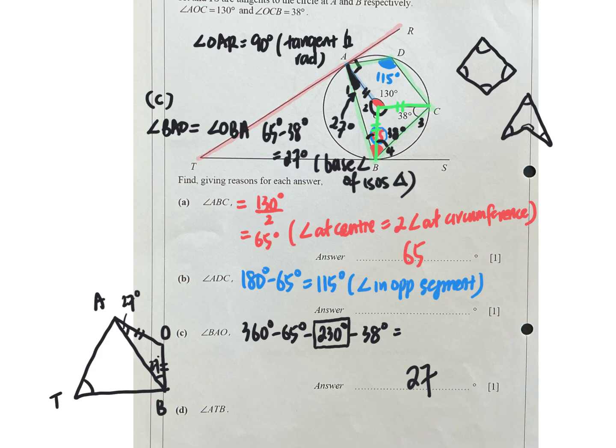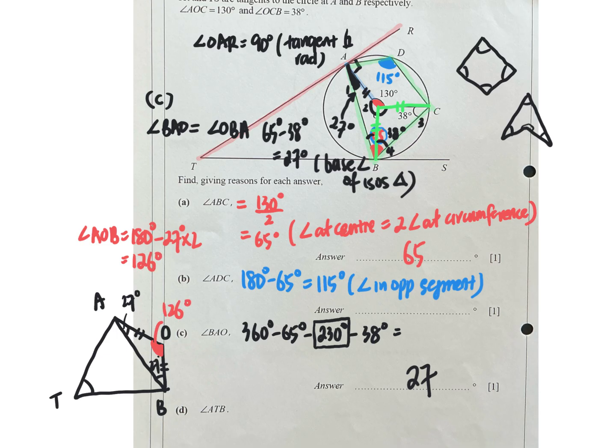Tangent from exterior point, what you can do is find this one first. So angle AOB is 180 minus the 27 minus the 27, you get 126. So this angle here is 126.